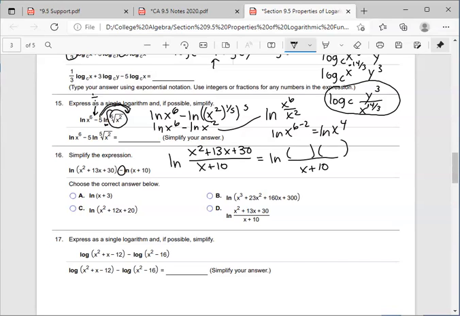If you use the quad program, you would get zeros for that, and it would tell you that your zeros are -10 and -3, and you would do the opposite, right? Well, the x plus 10s are going to go away, and we're just going to get the natural log of x plus 3.